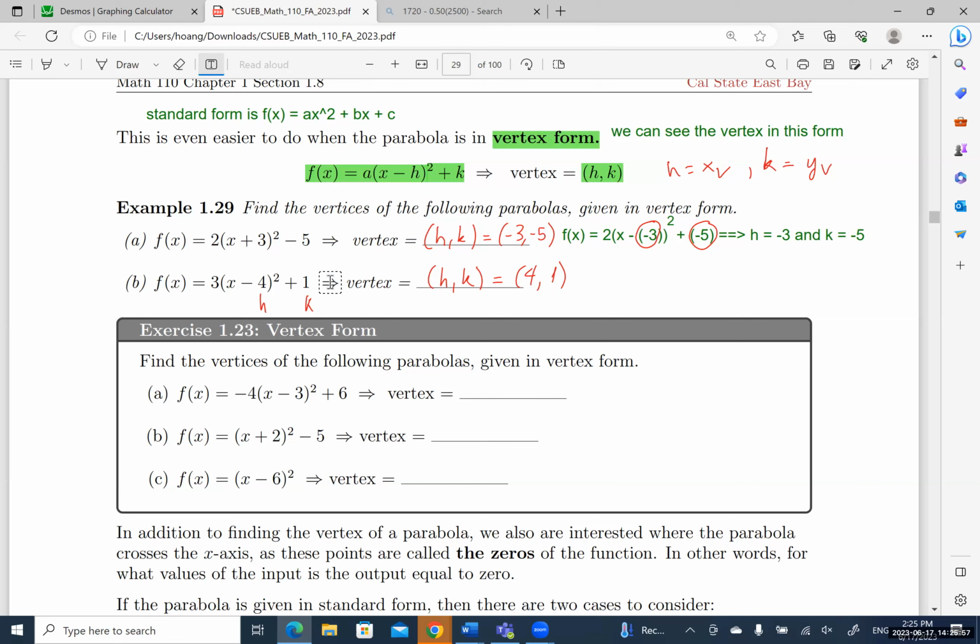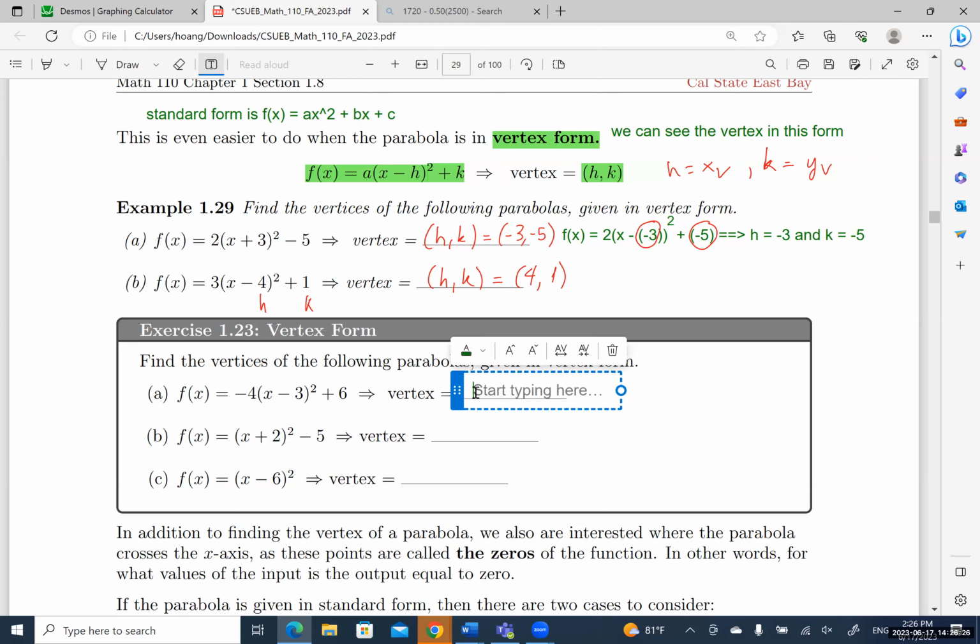Okay, now we're gonna move to 1.23 to practice with vertex here. As you see, the form right now looks exactly like vertex form, a times x minus h squared plus k.